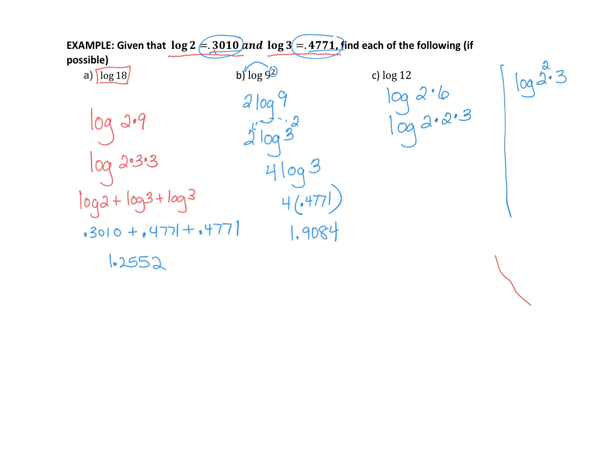Either way will work. So for this one, it's log 2 plus log 2 plus log 3. And then using the numbers above, we get 1.0791. If I do it this way, I would write this as 2 log 2 plus log 3, and I would get the same result.